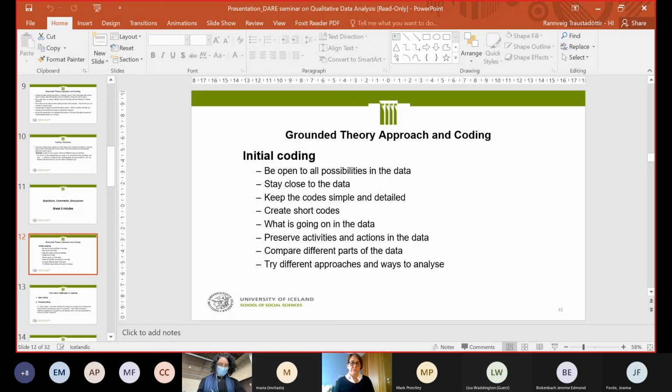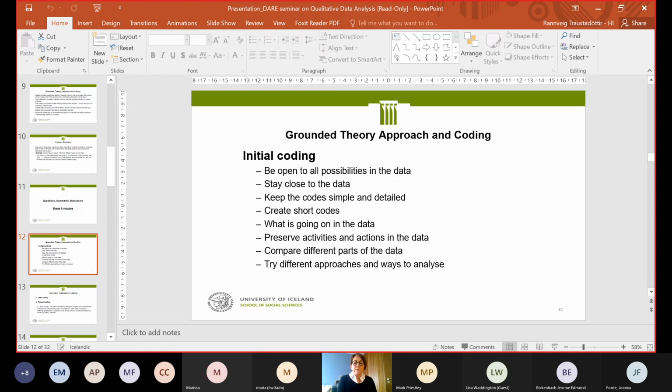You have to work with your transcripts or data, the text, on your own, and then discuss the coding and the emerging findings and analysis. So that's the online part. Okay, thank you.